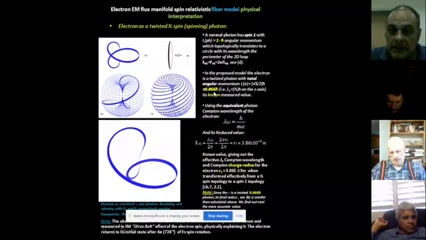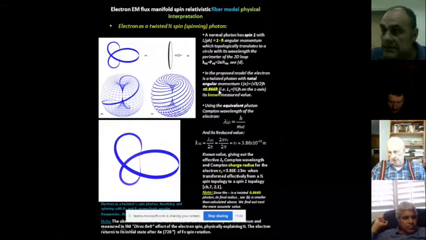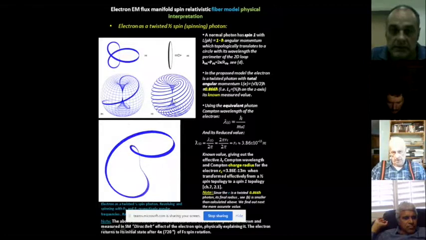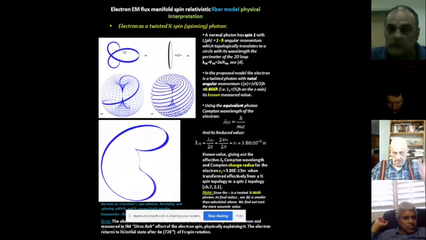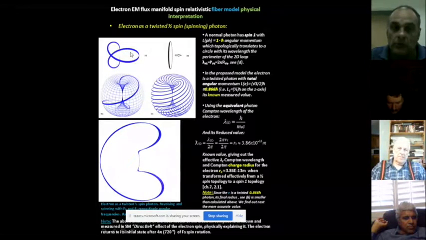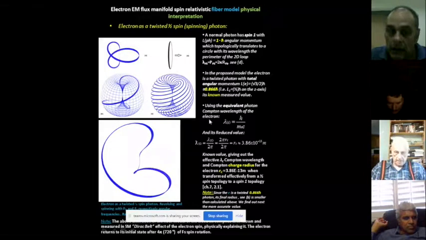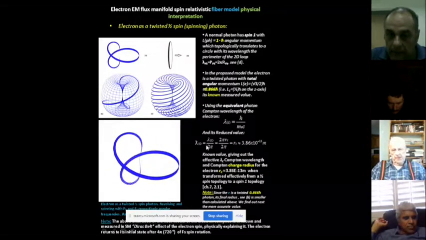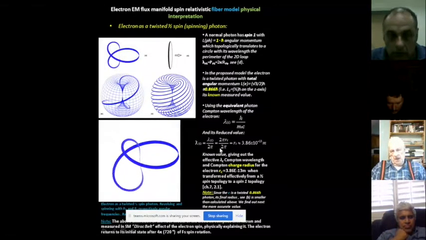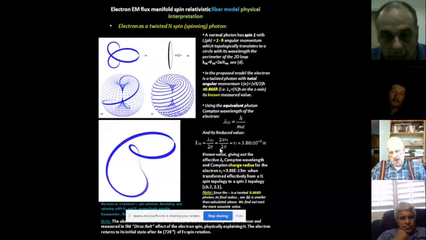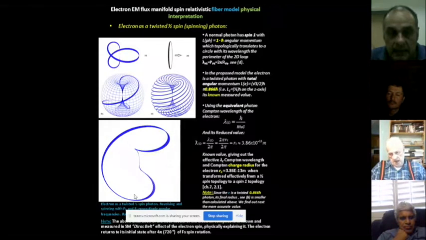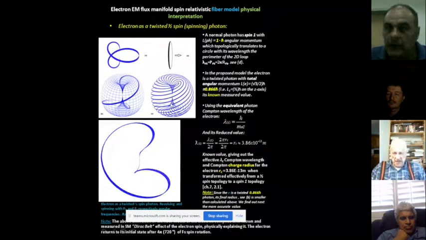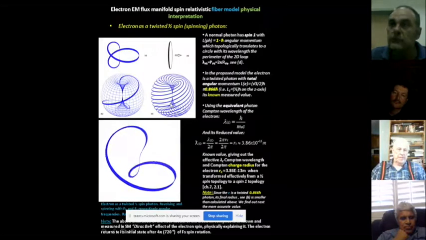So this tells us that it's actually a twisted loop. It's not a perfect circle. It's a twisted angular momentum created by a twisted loop, and we were able to calculate exactly this. What came out is that the whole electromagnetosphere of the electron is created by just one photon.